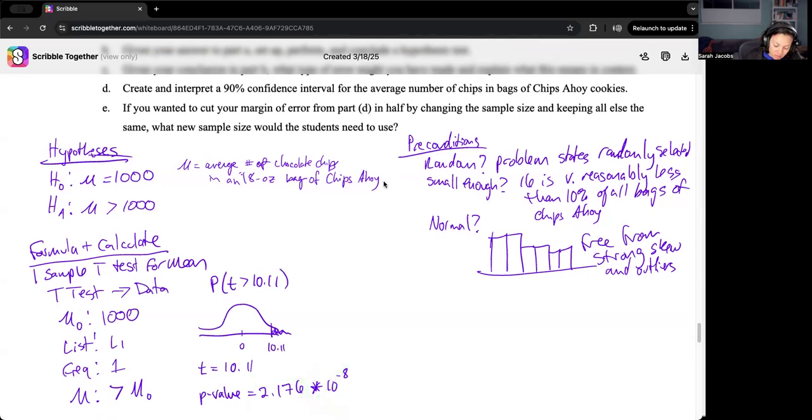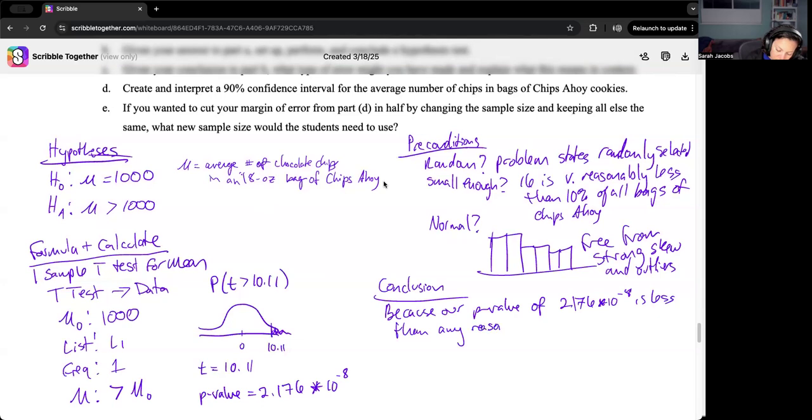Now we can conclude our test. So conclusion, and this is all just for part A. Because our p-value of 2.176 times 10 to the negative 8 is less than any reasonable significance level, we reject the null.